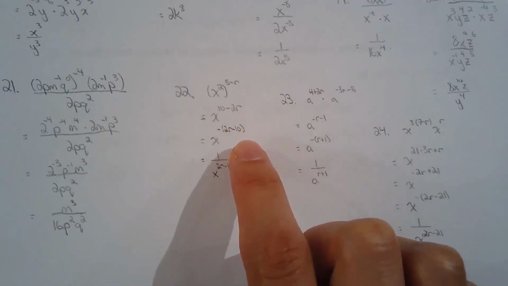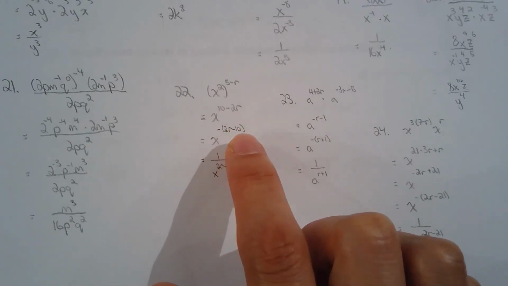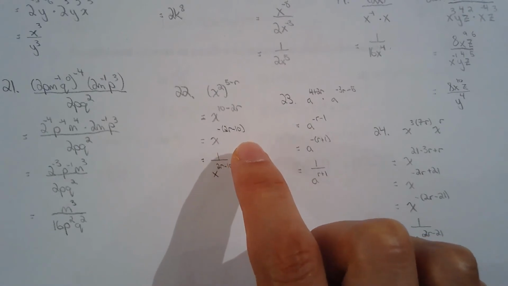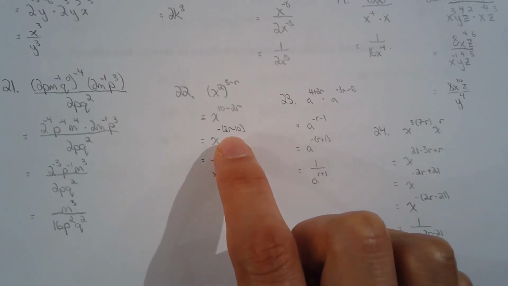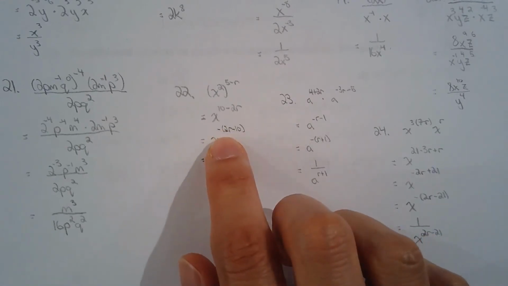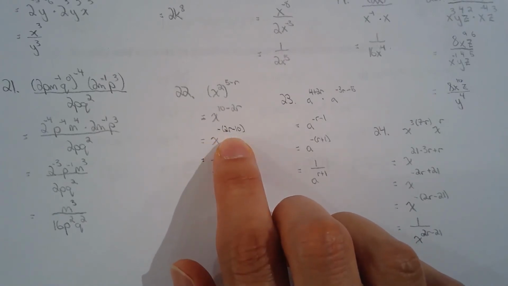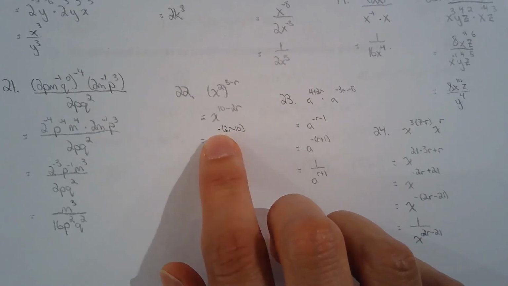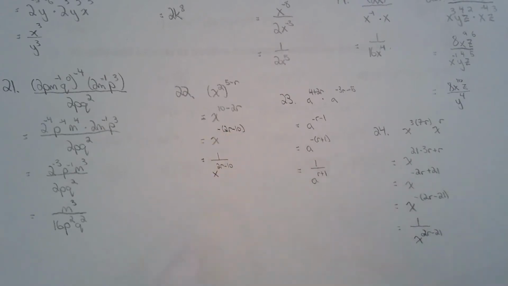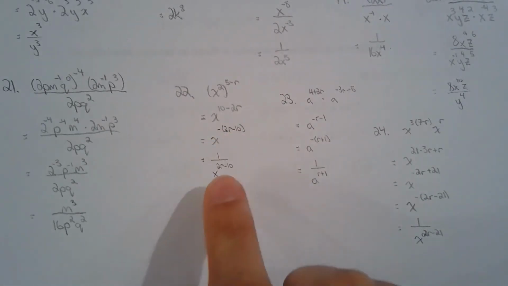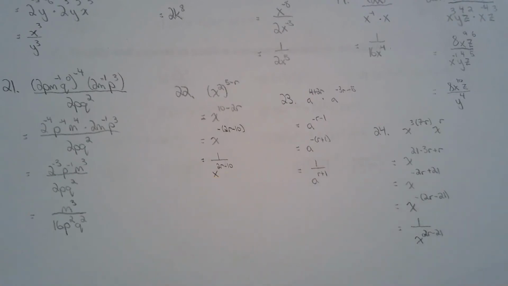So you rewrite it as minus 2r plus 10, but we want the coefficient of the r term to be positive, so I factor out negative 1, and that leaves me with a negative exponent. So that brings me to what I have written down here, 1 over x to the power of 2r minus 10.